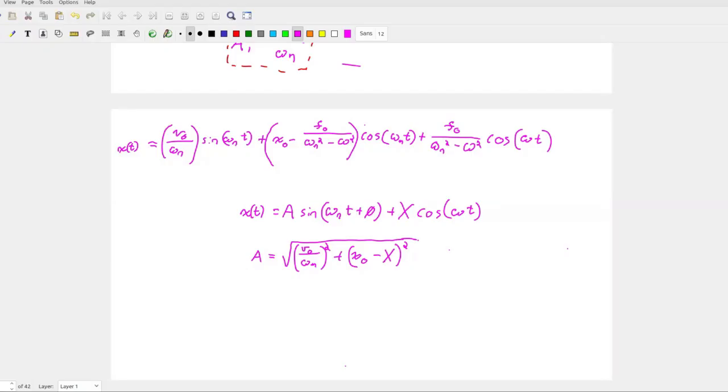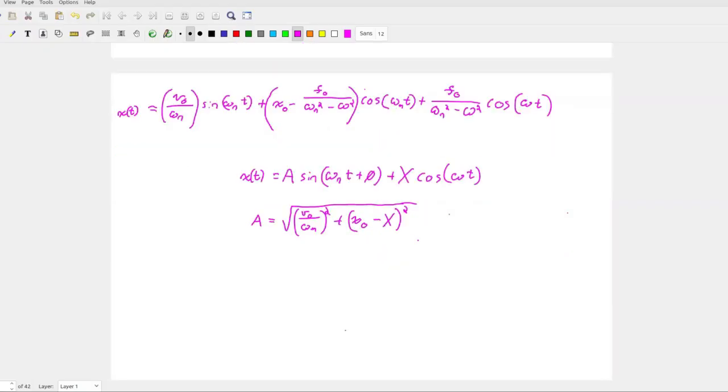So now I need to know my phi, which is my phase angle. Again, this is coming from the triangle. We're not writing out the triangle, but you can go back and look at how you would get that from the triangle. And that's phi is equal to the inverse tangent, big parenthesis of omega n multiplied by x naught minus capital X, close the parenthesis, all divided by v naught.